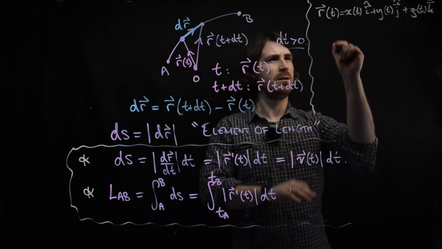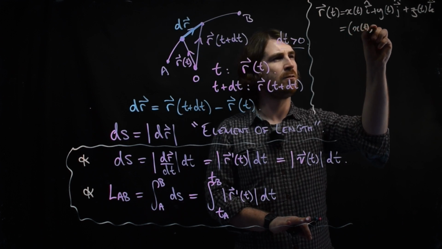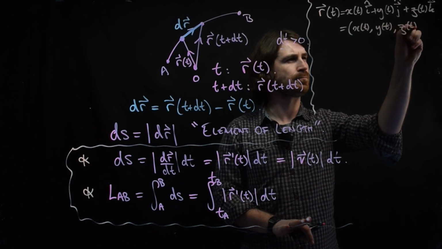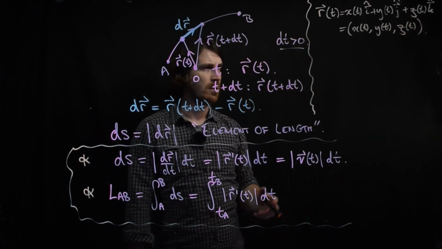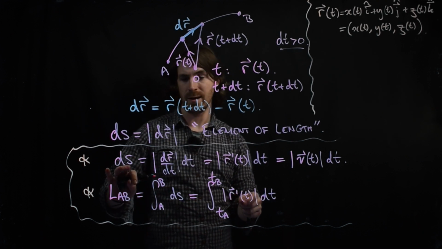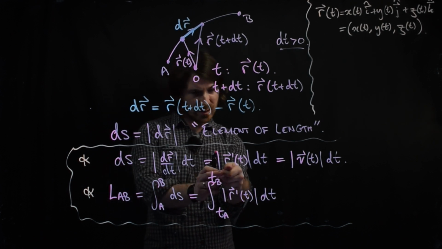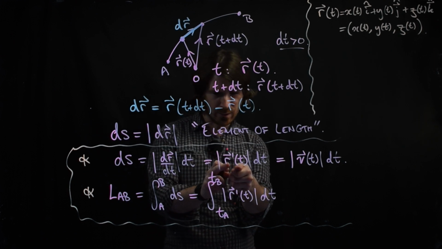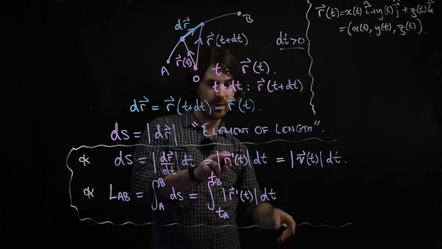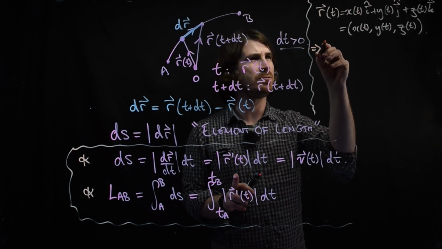Let's be lazy and write it as shorthand: x of t, y of t, and z of t. Now if we want to calculate the length, we need this ds, this line element, or element of length. So we need not just the derivative of r, but also its magnitude. We've got r. We now need to find its derivative and then its magnitude.